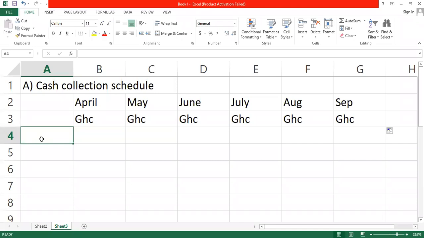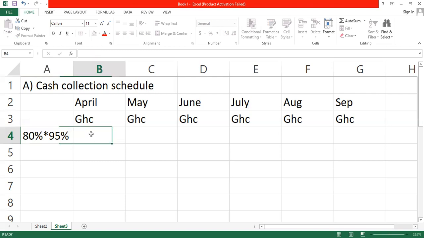So the best way to do this is 80% times 95% of the month's sales. You find 80% of the sales first, then you multiply the answer by 95%, which is net of the 5% discount. So for April, how much is it?